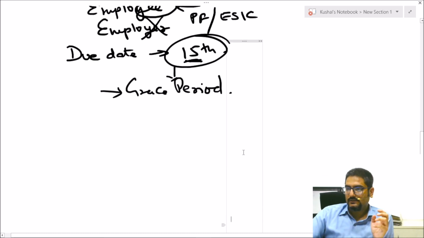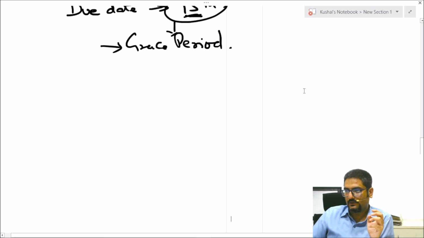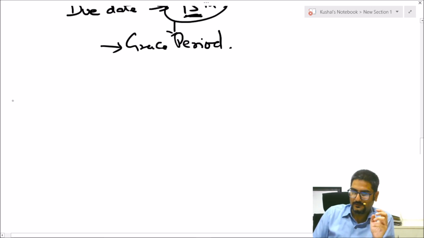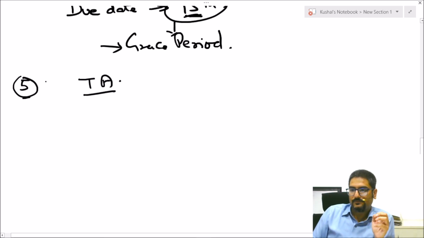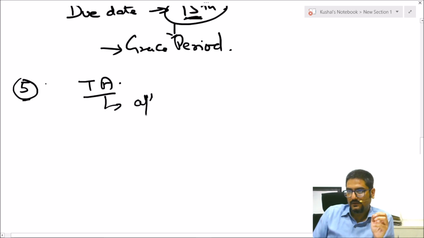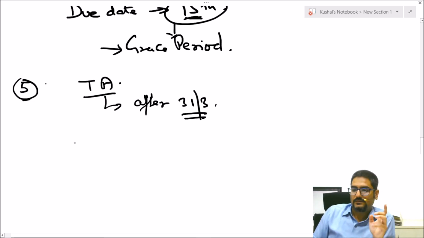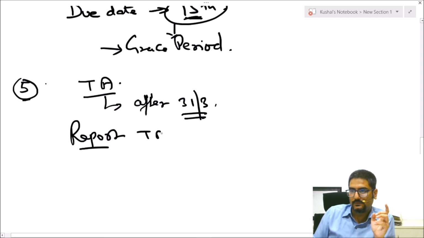Now the next is a very, very important aspect. For example, if as a tax auditor your appointment is made after 31st of March, then please report this fact in the tax audit report.